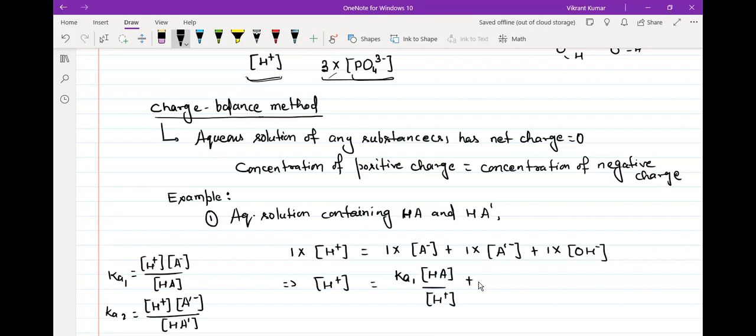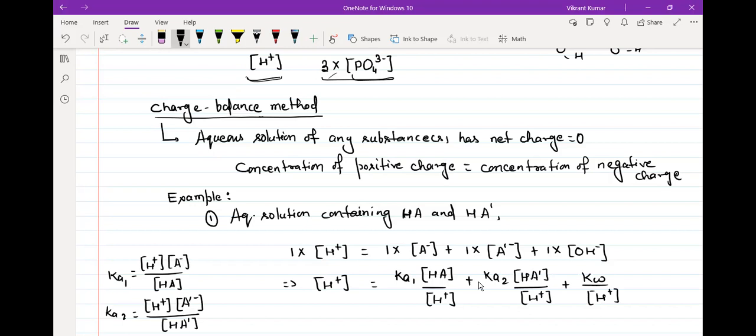okay, plus, just one. Yeah. So basically, similarly, we can write Ka2 into HA dash upon H plus, plus this is Kw upon H plus.